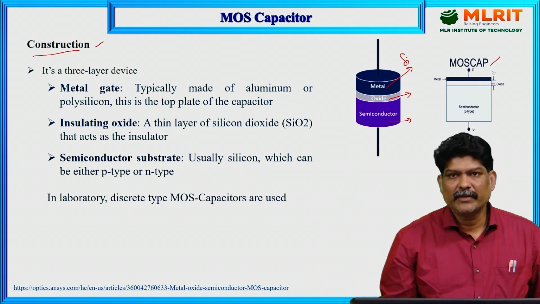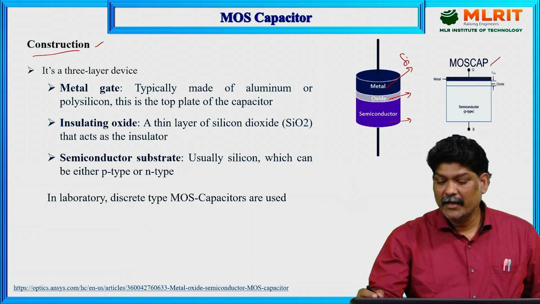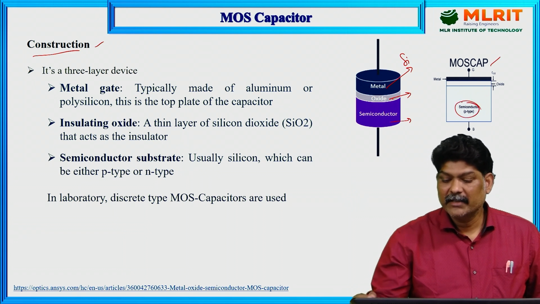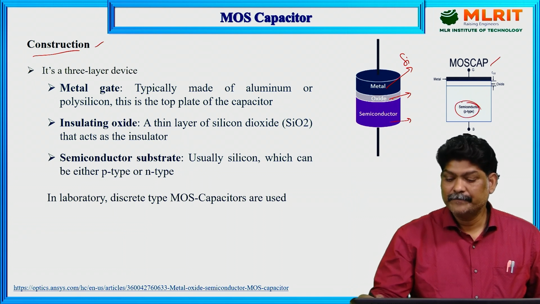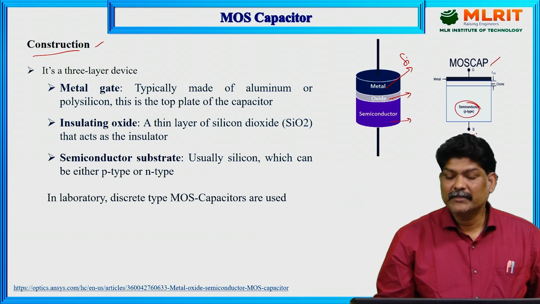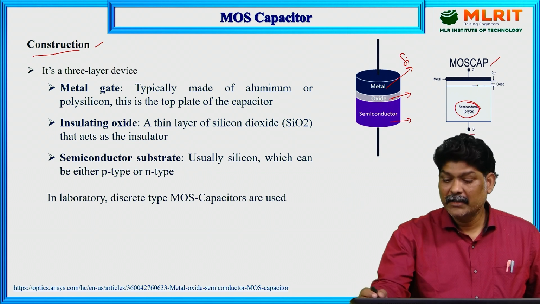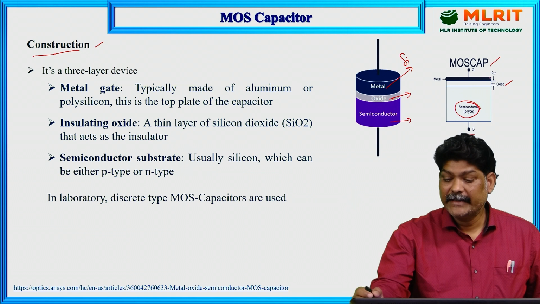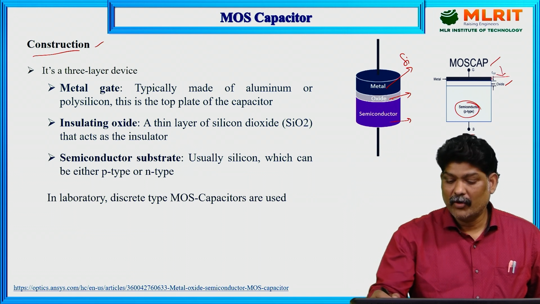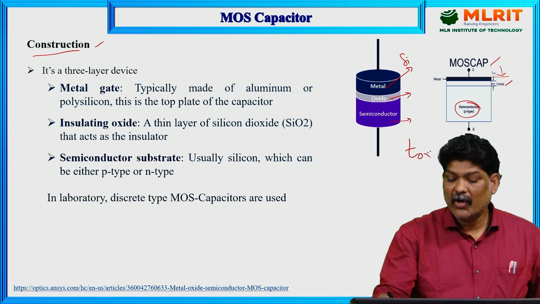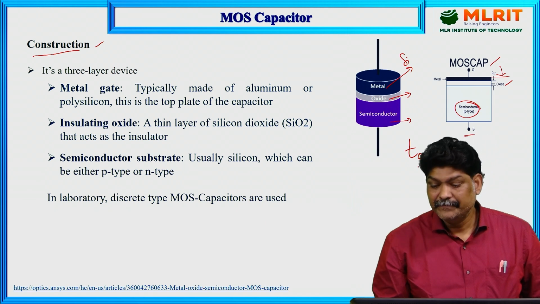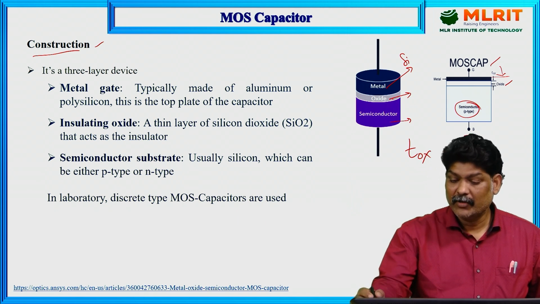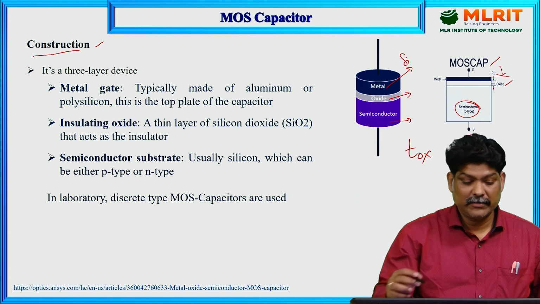Here we have a P type semiconductor with the body terminal, then the SiO2 layer, and the oxide thickness is Tox.